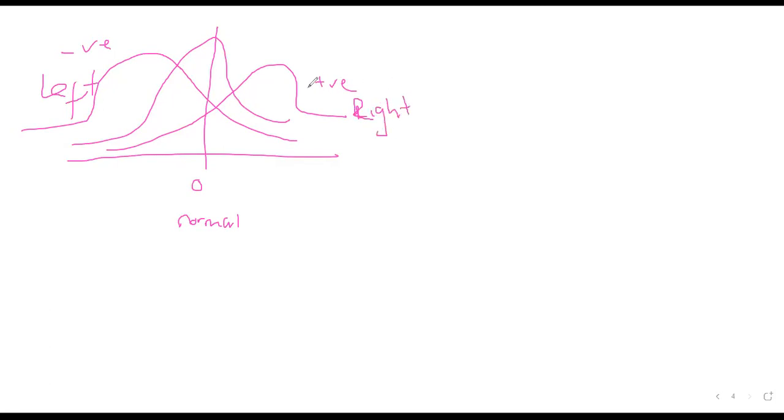So this is what we do with measures of central tendency with ungrouped data. With grouped data, we already understood what grouped data looks like.